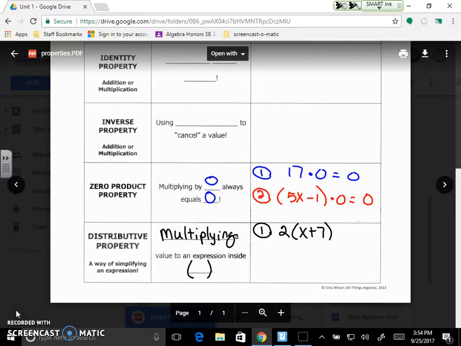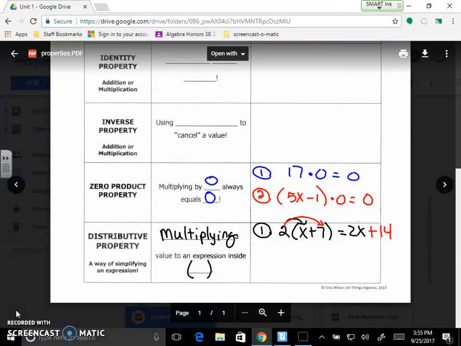Normally you would have to do what's inside first, but you can't add x and 7. So you're going to take that 2 and you're going to distribute it to the first term. So that's 2x. And then you're going to distribute that 2 to the 7. So it's really 2 times a positive 7 gives you a positive 14.